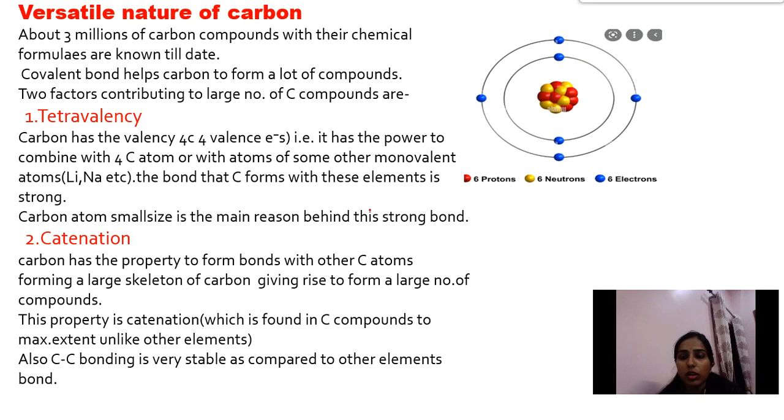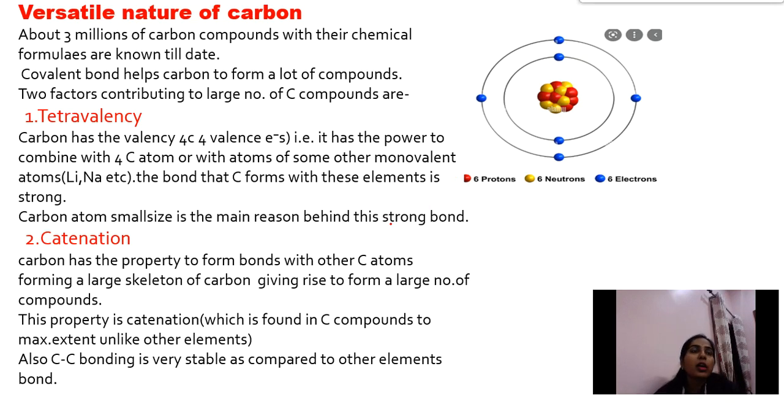So many scientists have discovered till date that there are about 3 million carbon compounds whose chemical formulas are known.